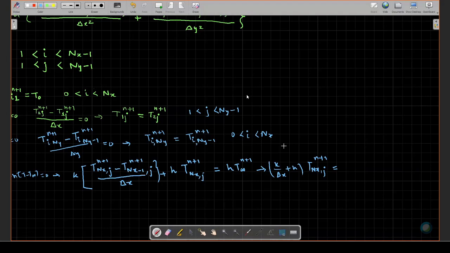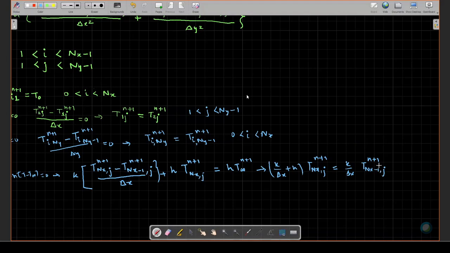So here this term, I'll take it out: k delta x T nx minus 1 comma j. Even though it is n plus 1, nx minus 1 is a previous point.